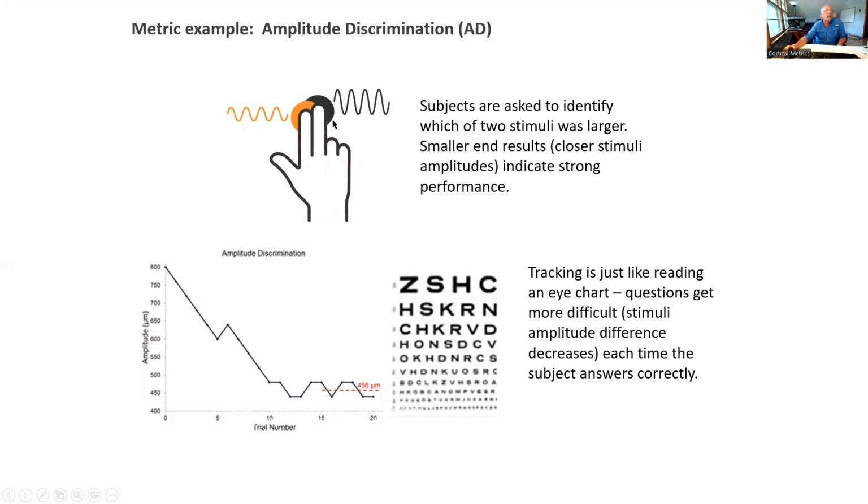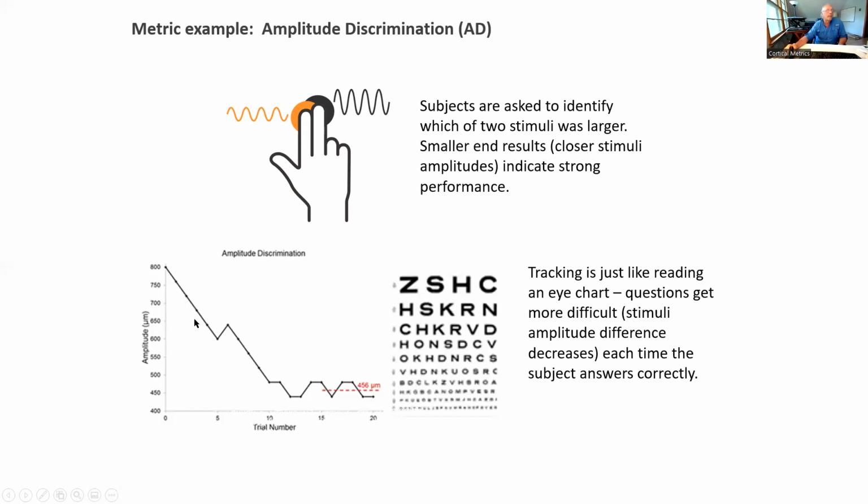At the very beginning, the difference between these two is very big, just like reading an eye chart, extremely easy to tell the difference. In this particular graph, the biggest one had a value of 800, the smallest one had a value of 400, and that was very easy. Somebody gets it right, and then they go to the next, and each time they get it right, it gets harder.